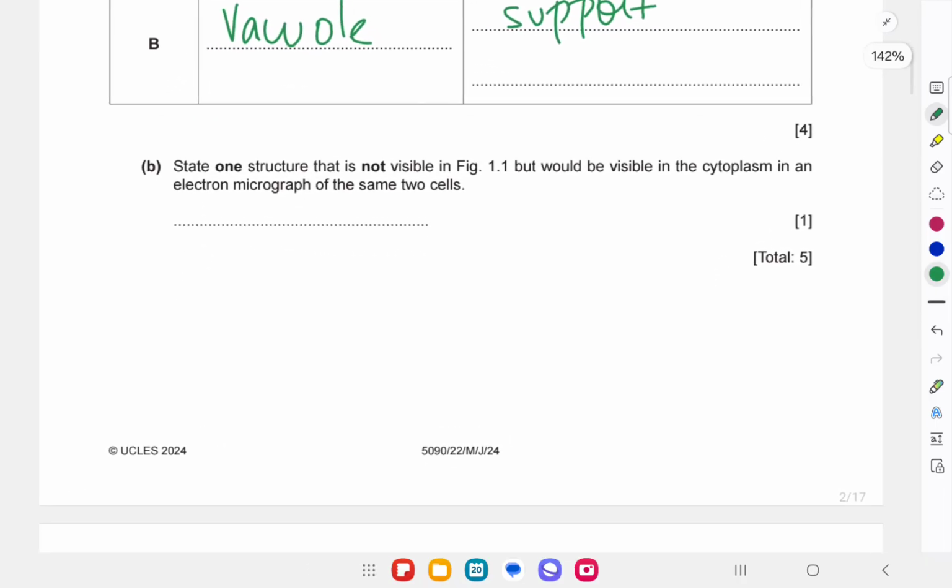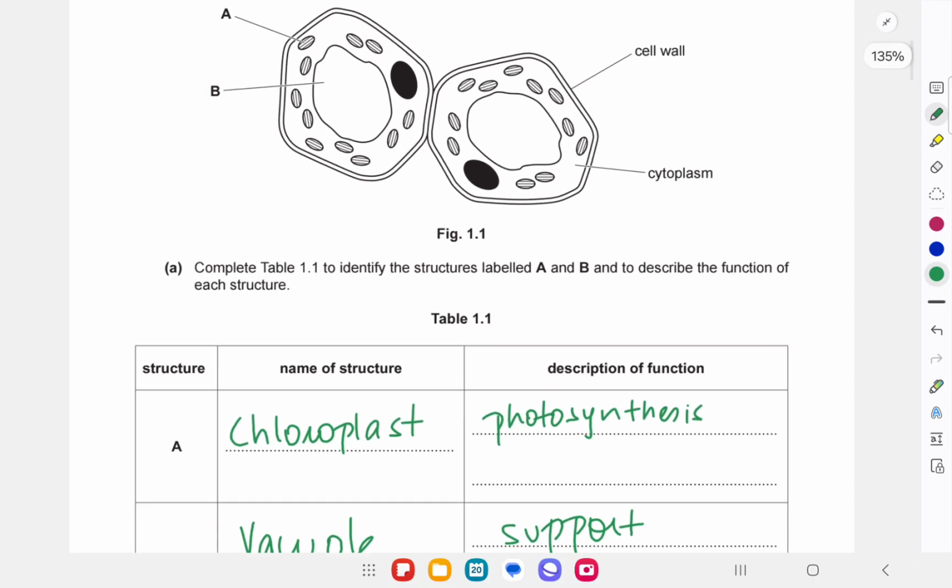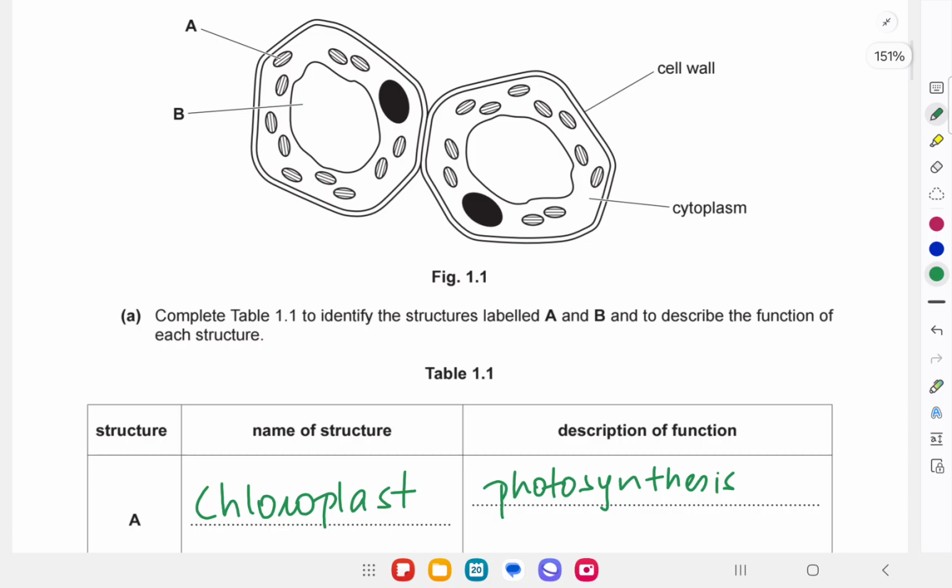State 1 structure that is not visible in figure 1.1 but would be visible in the cytoplasm in an electron micrograph of the same two cells. There are some organelles which are very small, which include ribosomes and the mitochondria.